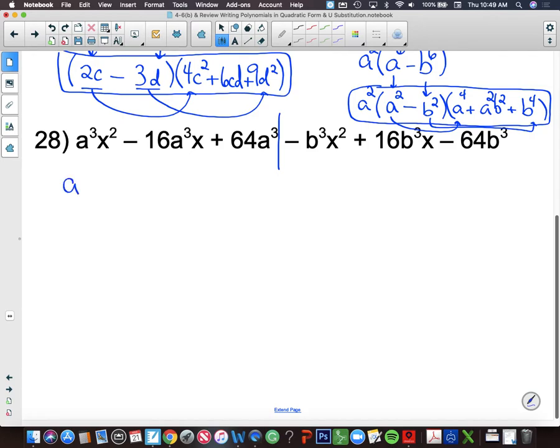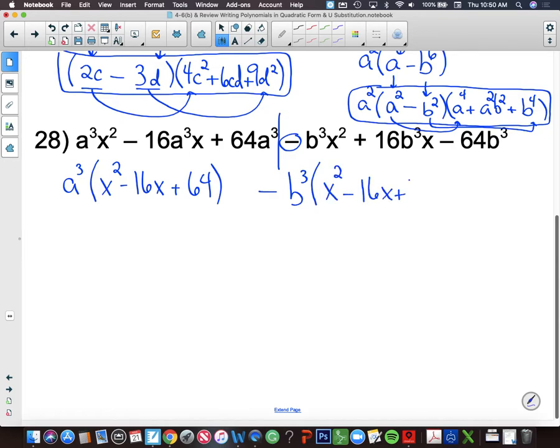So let's do that. A cubed comes out, I got x squared minus 16x plus 64. Second half, I got b cubed, b cubed, b cubed. But remember, I have a negative in front, so that means I want to take out a negative b cubed. And remember, when you take out a negative, that flips your signs. So it'd be x squared minus 16x plus 64.